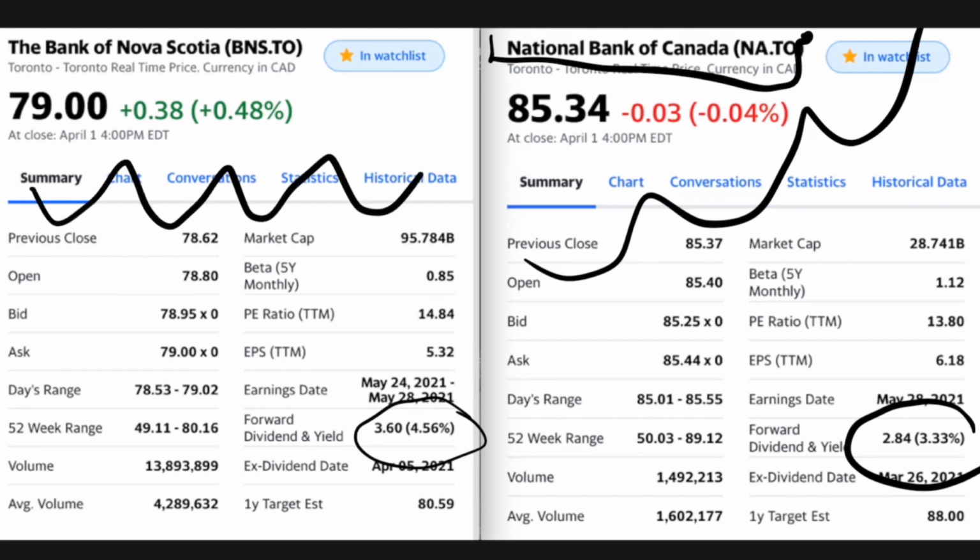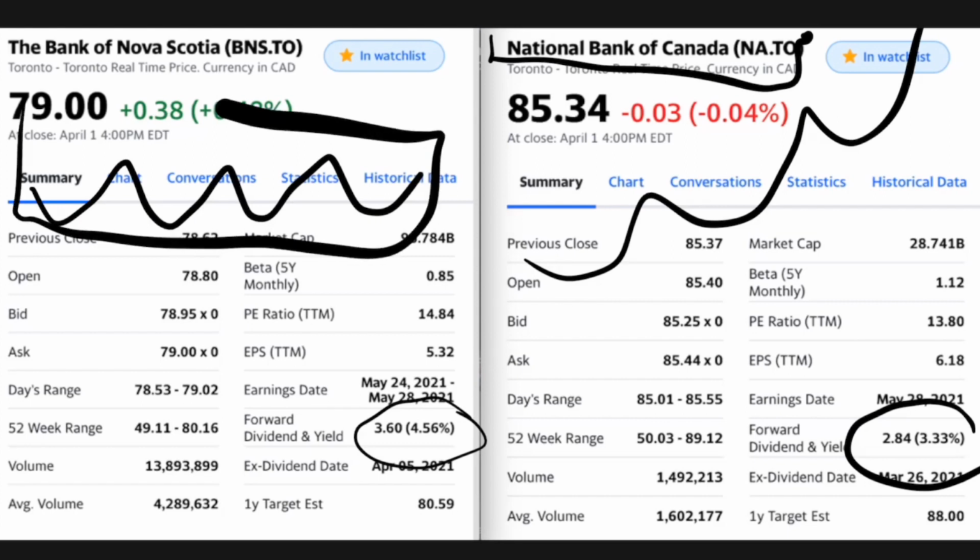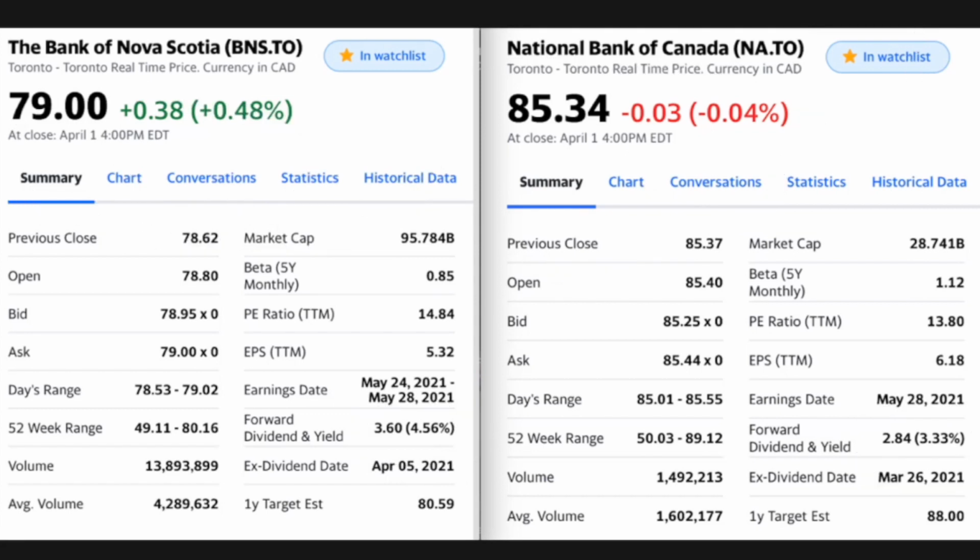You usually want to look at the banks that have stagnated in Canada for future growth, especially when their dividend is much higher, because that's a good indicator that there are going to be better times ahead for the stock. However, you cannot deny the fact that the National Bank of Canada is much cheaper than the Bank of Nova Scotia.